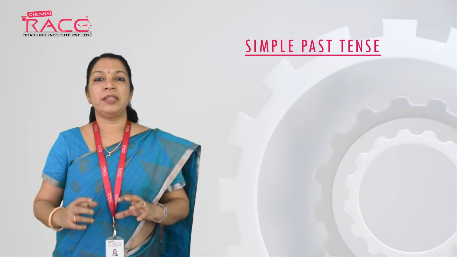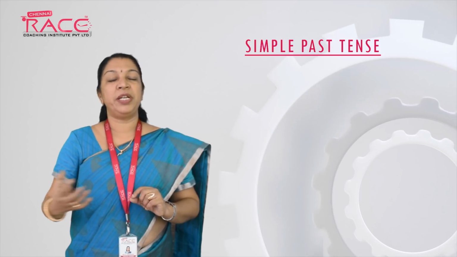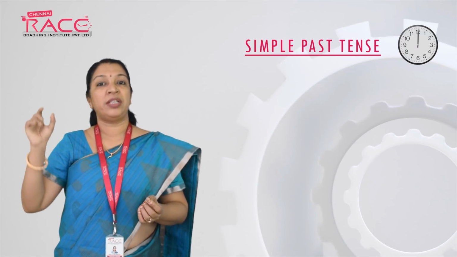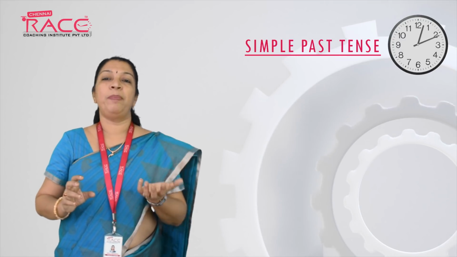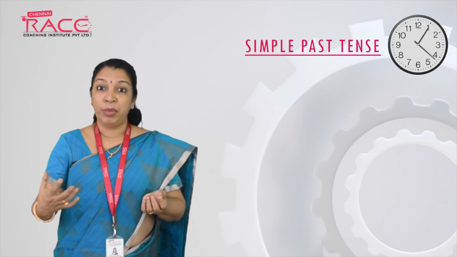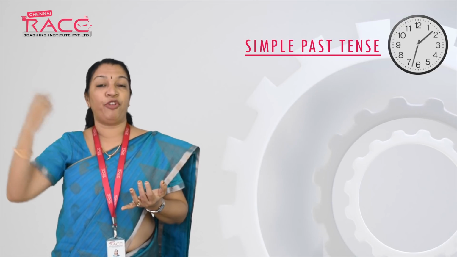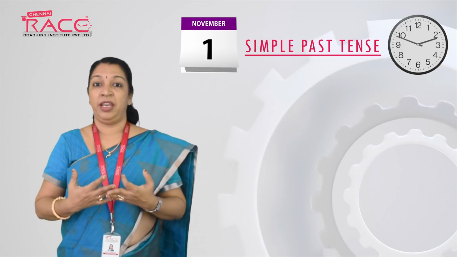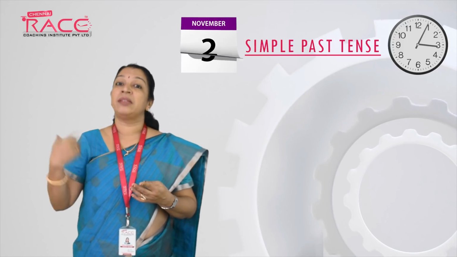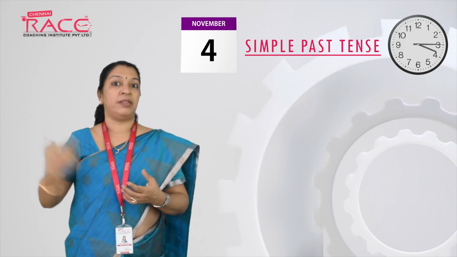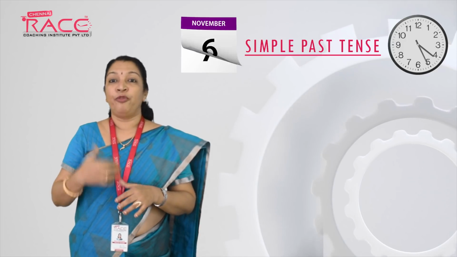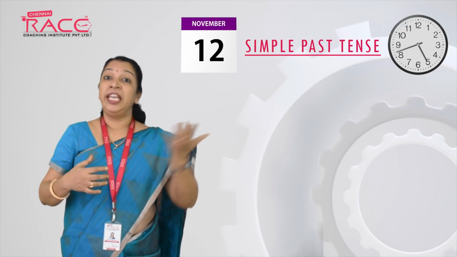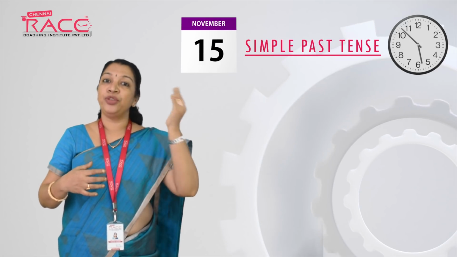So simple past tense is used to express completed action in the past with reference to a time factor. So what is the past time factor? It can be the clock time, like at 5 p.m. or it can be like last week, yesterday, or it can be like months, like last month or last summer, or a few days ago, a few years ago, or in 1800, in 2000.